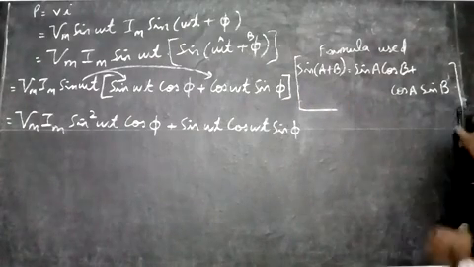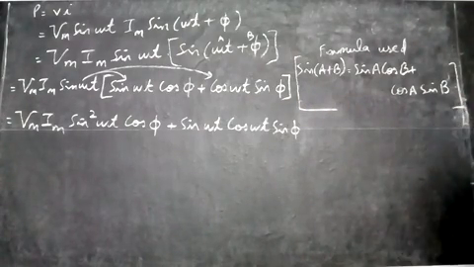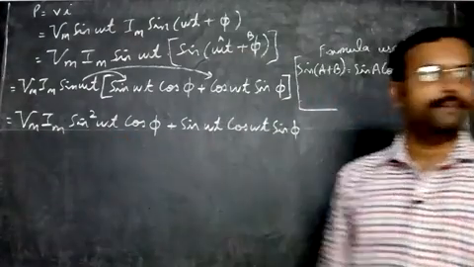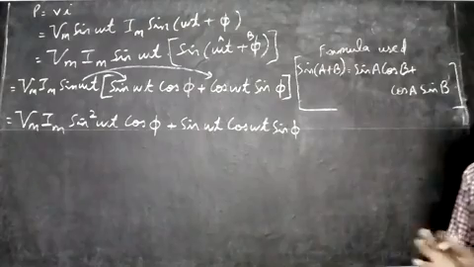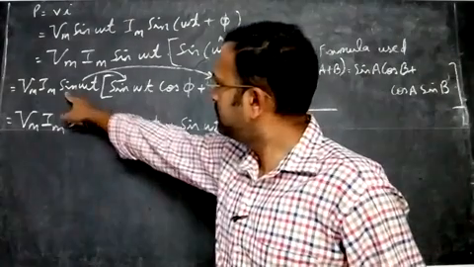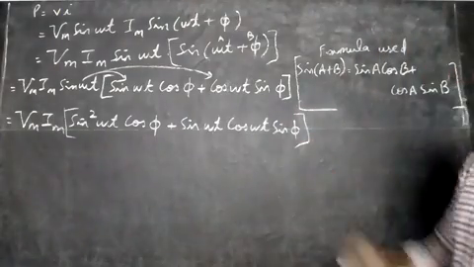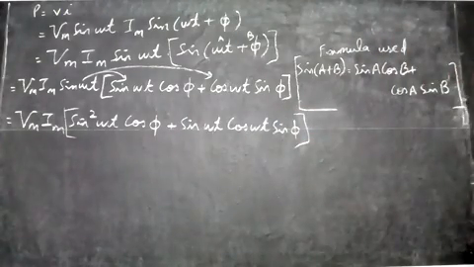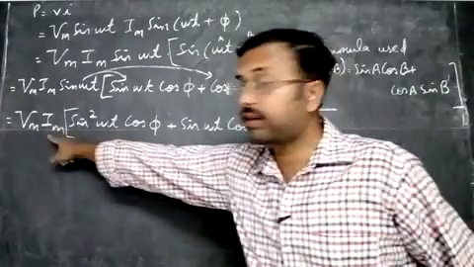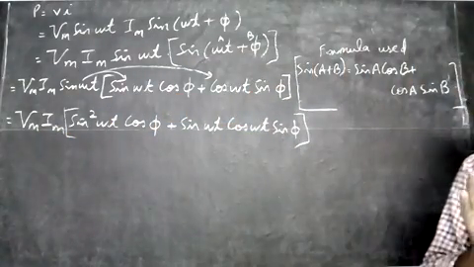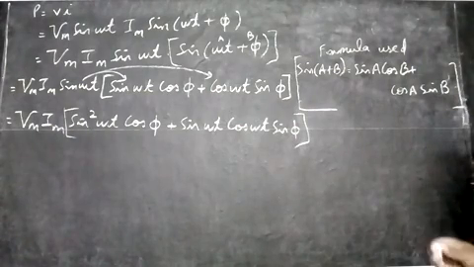Now to make it clear, let us see what sine square omega t is. You must see what the value is, and then this multiplication Vm into Im is there for everything. Vm and Im are common for everything, that you must remember. That's why I put the bracket outside. Let's see what's the value of sine square omega t. For that, let's take a graph.